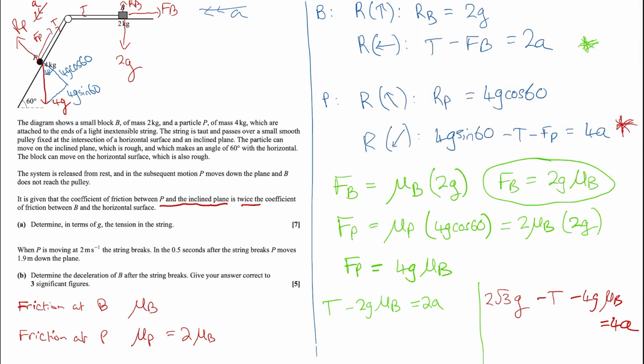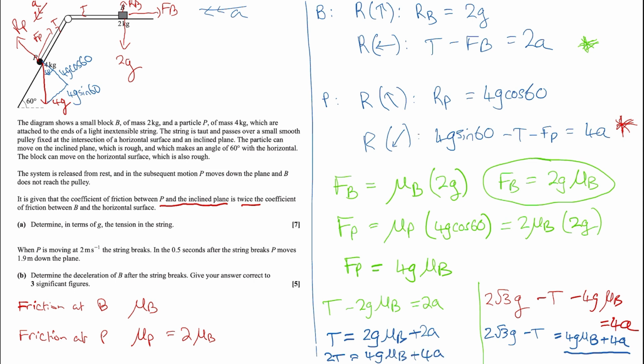Okay, so I actually want to get T on its own in this one. Yeah, so T is 2G mu B plus 2A. And then if you look at what I've got over here, I've got 2 root 3G minus T equals 4G mu B plus 4A. And 4G mu B, so this part here, that's just double T. 4G mu B plus 4A.